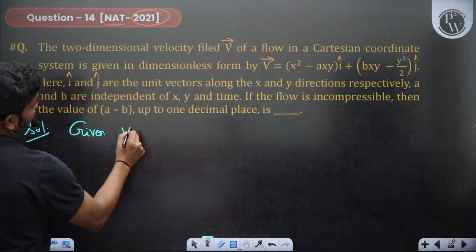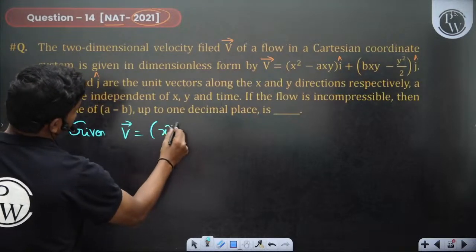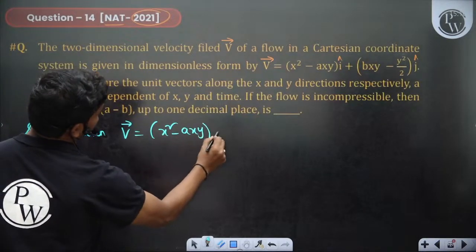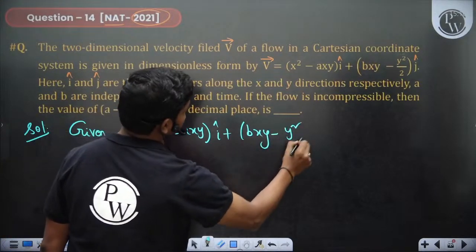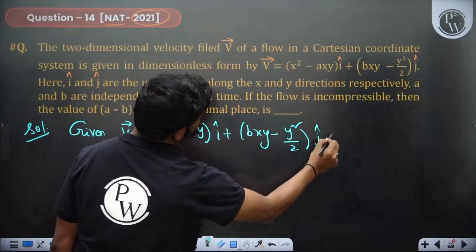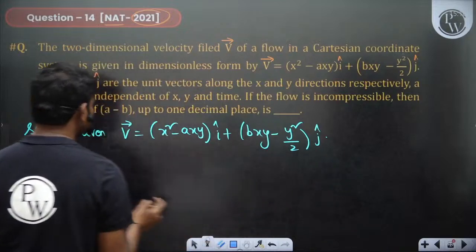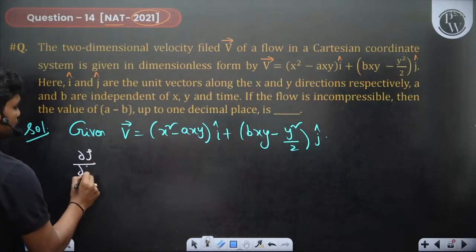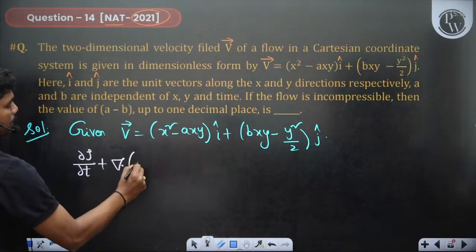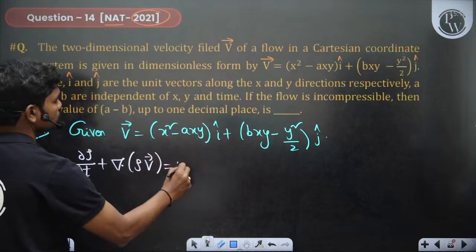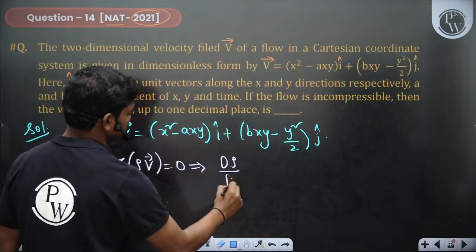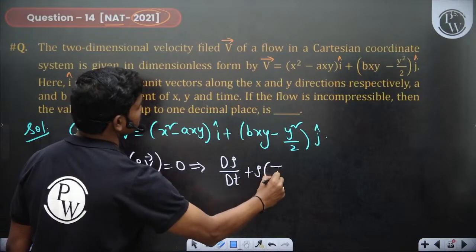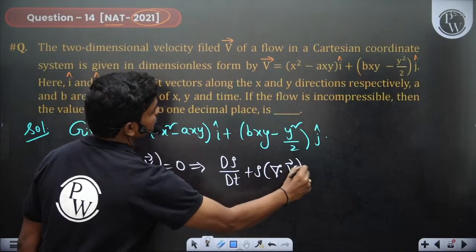Given this velocity is (x² − axy) i cap plus (bxy − y²/2) j cap. Clearly, you can see the continuity equation: divergence of (rho v) is equal to 0, or dρ/dt plus rho times divergence of velocity is equal to 0.